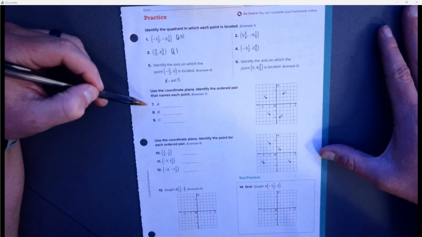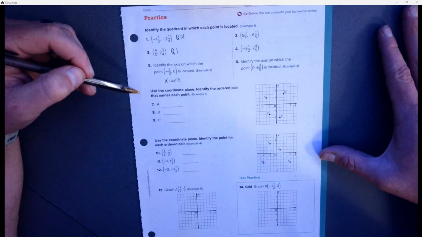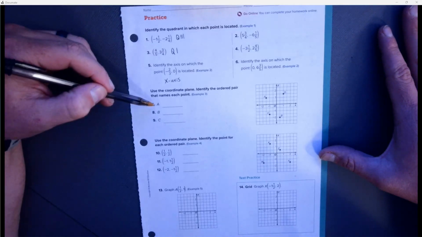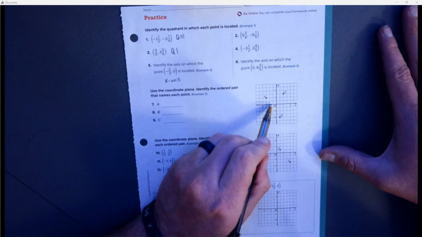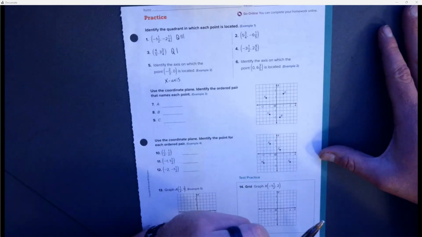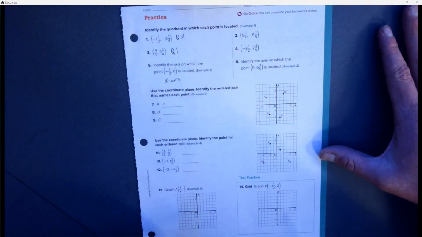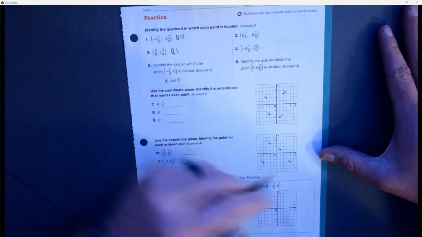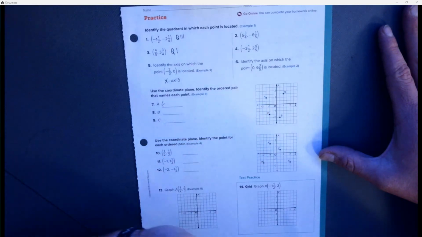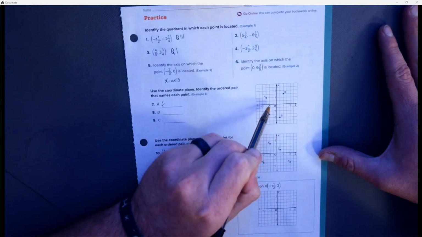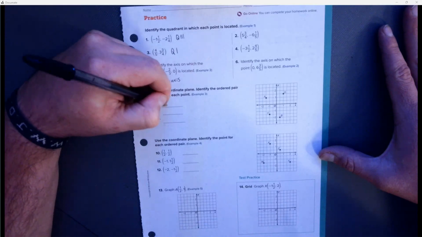Number 7 wants us to use the coordinate plane to identify the ordered pair that names each point. A, we see that it is 1, 2, 3 points to the left, so we know it's going to be a negative x, and each box represents a half, so we have a half, 1, 1.5, so we know it's negative 1.5.